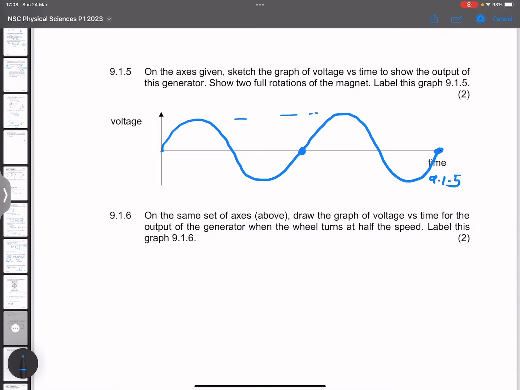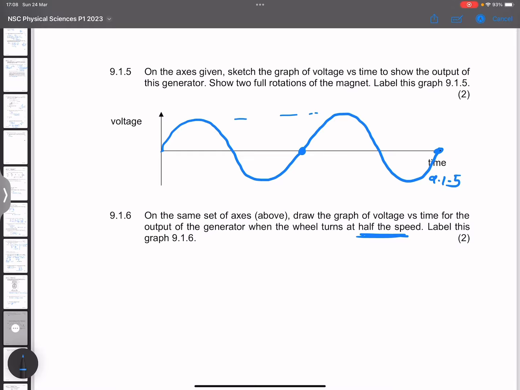Then on the next question, they say on the same set of axes, draw the graph of voltage versus time for the output of the generator when the wheel turns at half the speed. Remember, the slower I turn, the lesser the magnitude of the voltage.